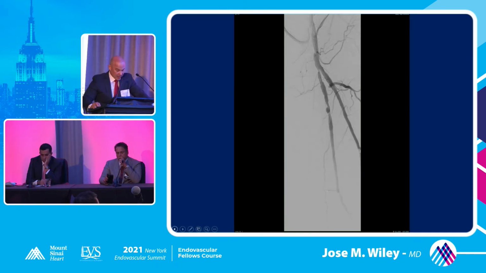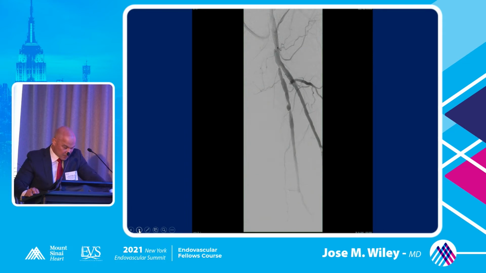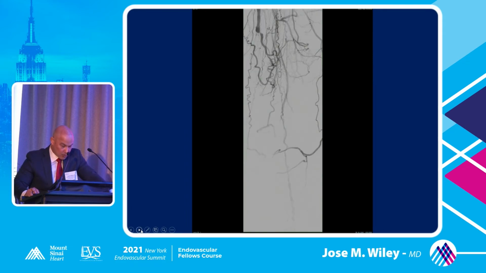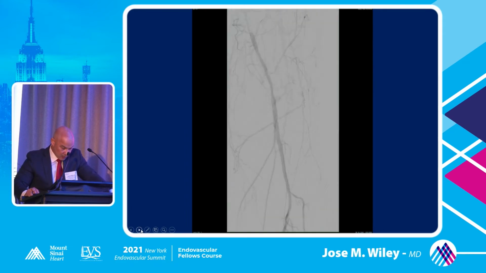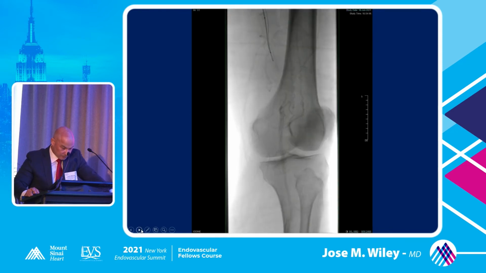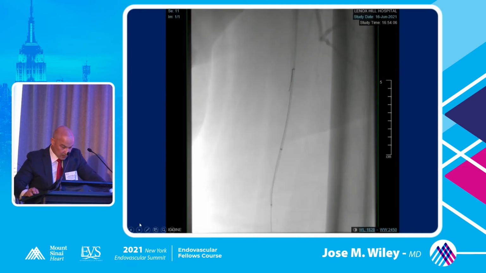Here you have the left superficial femoral artery, with moderate disease, occluding at its midsection. It reconstitutes distally with 3-vessel runoff. There was an attempt at antegrade revascularization, which failed. Immediately, retrograde access was obtained through the dorsalis pedis, and an 018 wire was advanced into the anterior tibialis.